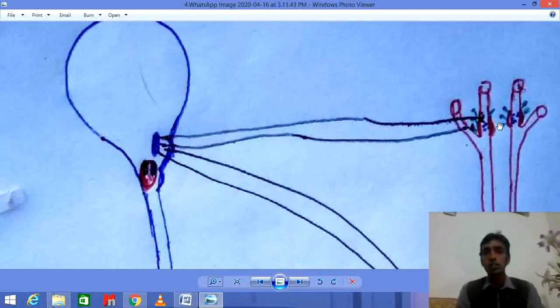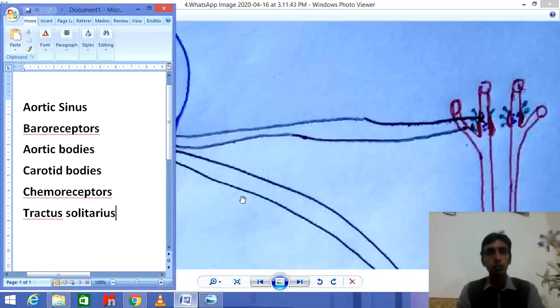The neuronal fibers responsible for the passage of this action potential from these bodies to the tractus solitarius have different names. The neuron which transfers the signal from the baroreceptors or chemoreceptors of the carotid sinus to the tractus solitarius is the glossopharyngeal nerve.